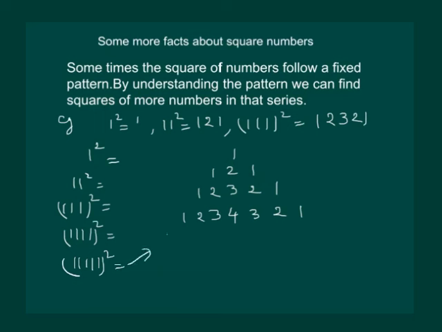We will write 1, 2, 3, 4, 5, 4, 3, 2, 1. Likewise, we can find the square of any number of ones following this pattern.